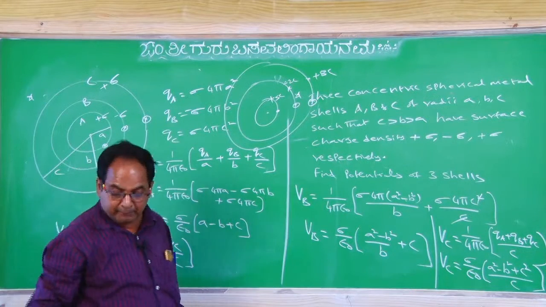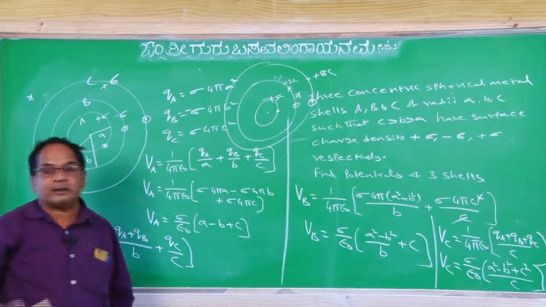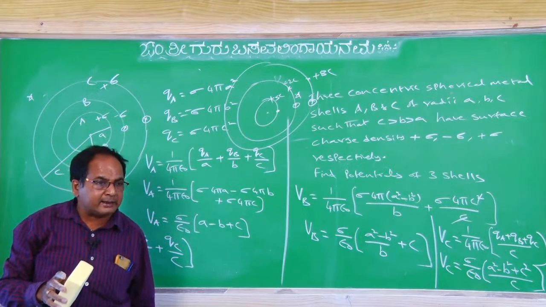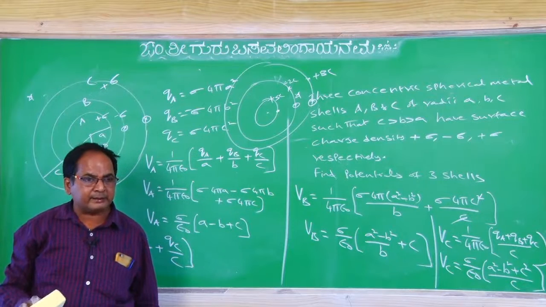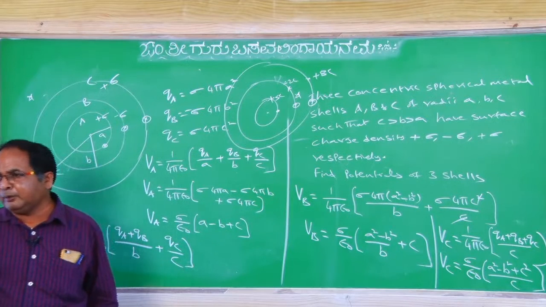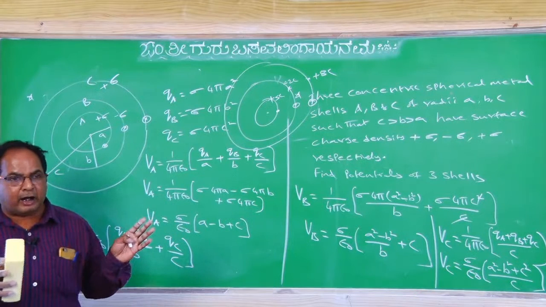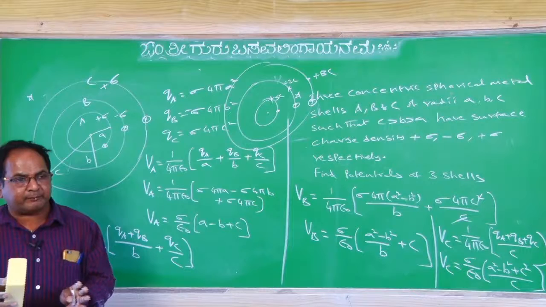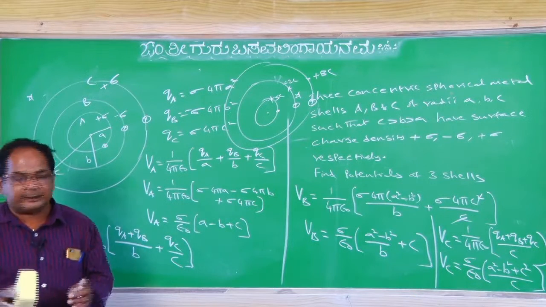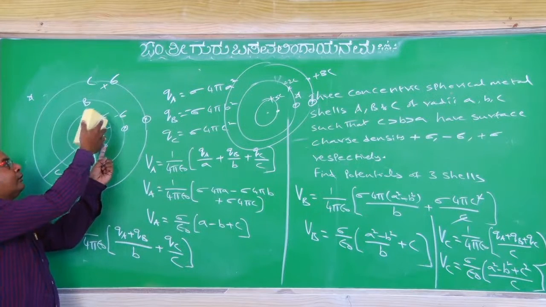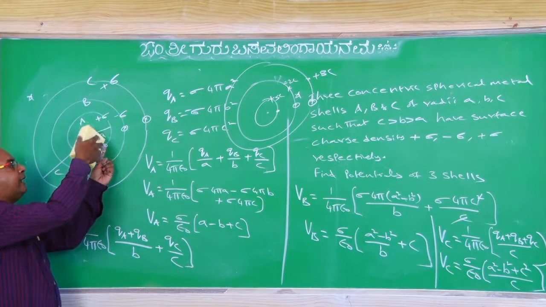So what you should remember here, in the case of concentric bodies, charge always resides on the outer surface. That means wherever you are calculating the potential, all the charges below that range come to that point. Here you are calculating means below this no charge, so this charge divided by its radius.